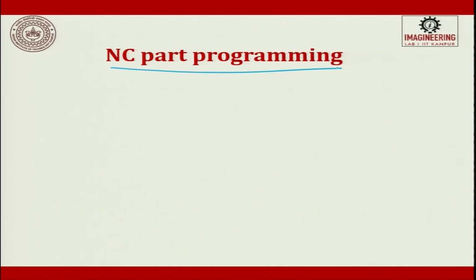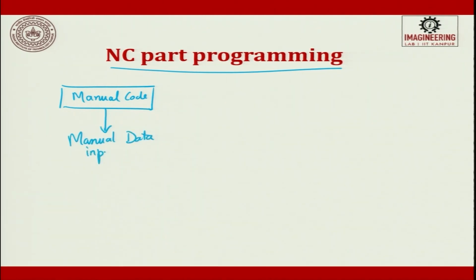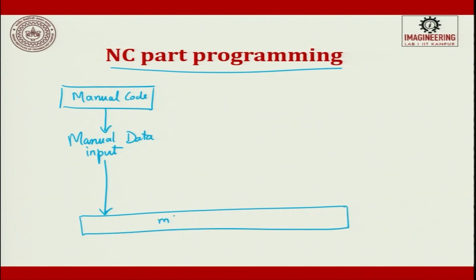When we see this part programming, if I want to put it in a block diagram, this is going to be manual code. So, you see from a library function, and then you manually input, manual data input, and then you try to get the machine control. This is the machine controller.